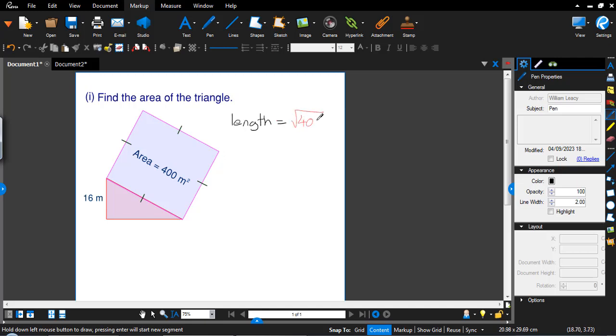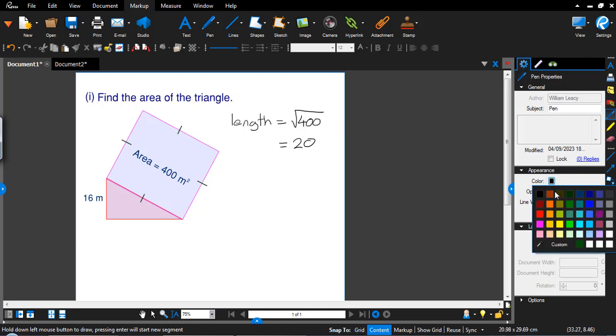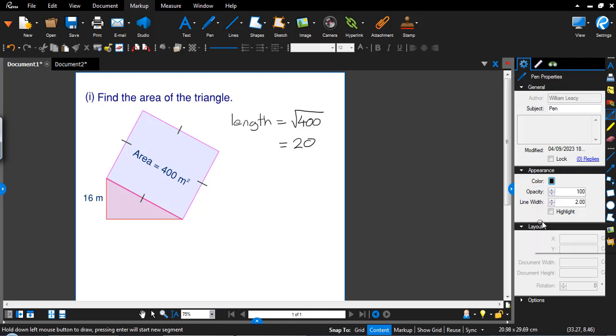Because it's a square. So that equals 20, because 20 times 20 is 400. So I'm just going to put it in. Anything new, I'll put it in pink. So that's 20 here, 20, 20, and obviously this is 20.